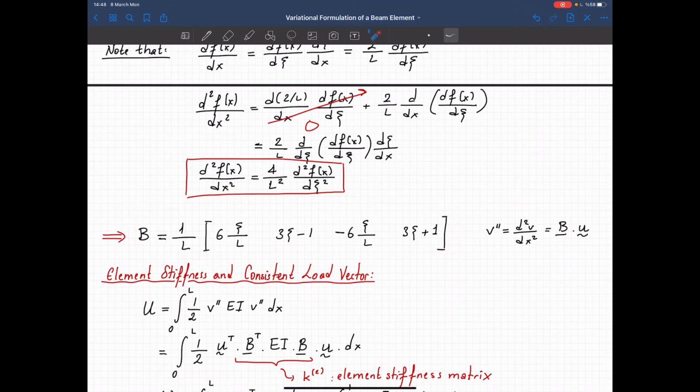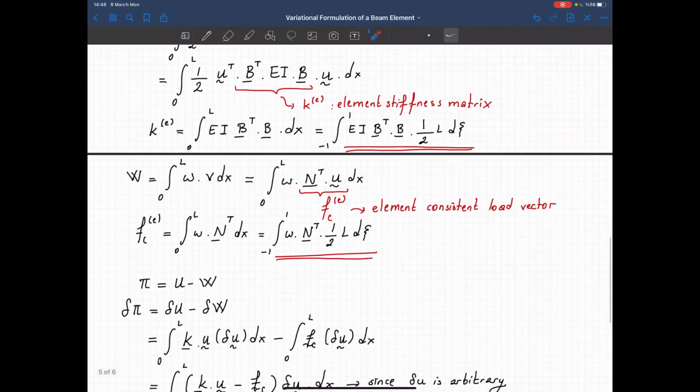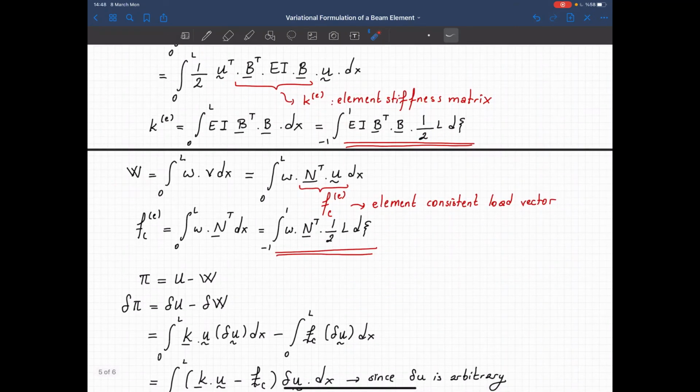Afterwards, it's very straightforward. You write your internal strain energy, and instead of the curvature, put your displacement field and curvature field equations, and from that you will directly see how you can calculate the element stiffness matrix. So I call the portion without the u's my element stiffness matrix, and again in the external energy, the part of the equation without the displacement will be my element consistent load vector.